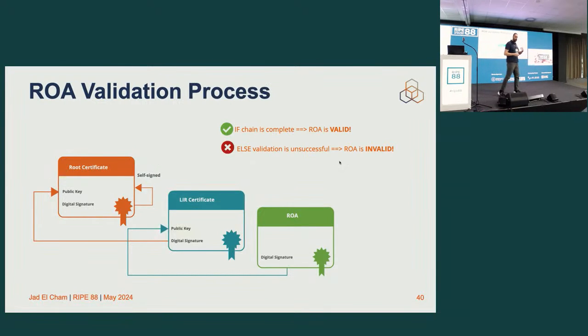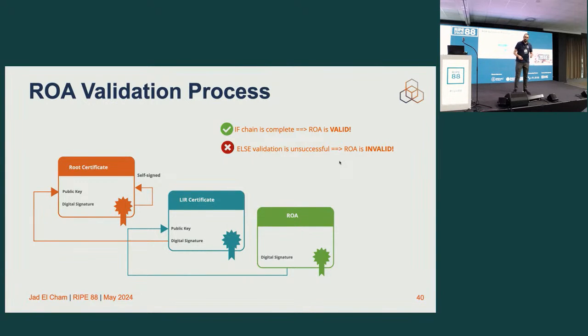So you remember previously we started with the root certificate, and then we said the private key is used to sign the LAR certificate, and then the LAR certificate would use their own private key to sign the ROA. Well, the validator starts the other way around. It goes bottom up. So it will look at the ROA. It will look at the digital signature of the ROA.